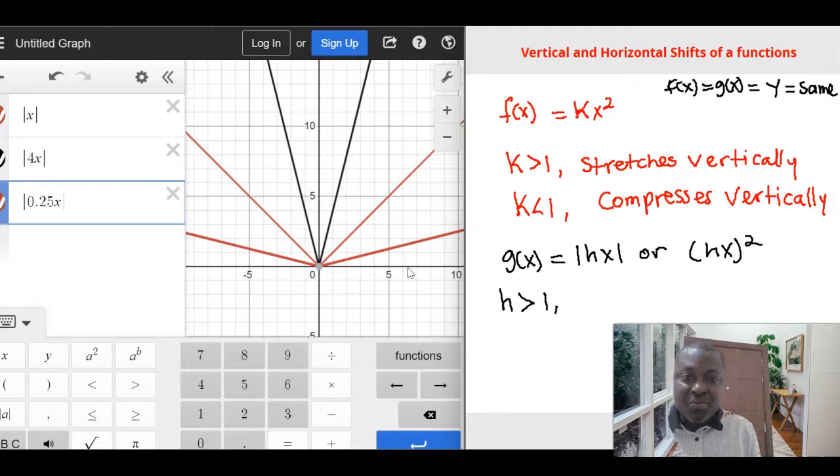It was moving away, and that's the compression. So they behave opposite to that of the vertical. So here, when it's greater than 1, it compresses, this time horizontally.